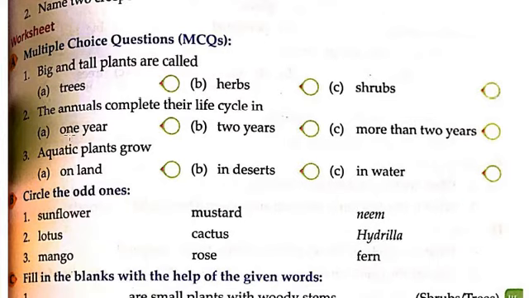Annuals, then it's 1 year. Correct answer. Aquatic plants grow on land, in deserts, in water. In water. Good children.